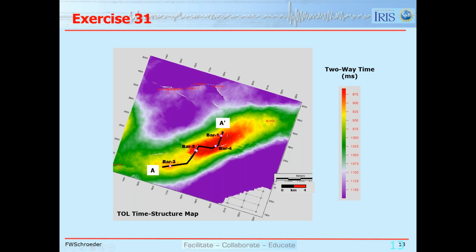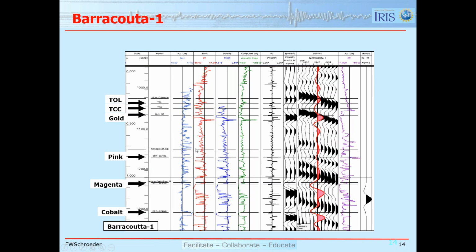So we now have 5 wells, and each of those wells, this is the Barracuda 1, we can generate a synthetic or modeled trace, which is the red wiggle here. We can compare it to the actual seismic that goes through the well, the black and white wiggles. And we have a number of either formation tops or seismic horizons that were correlated around.